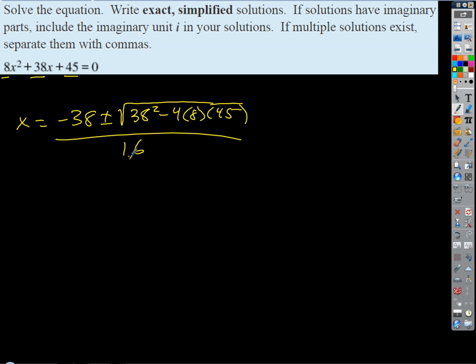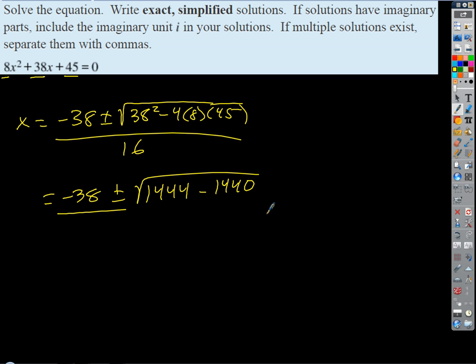Somebody just crank through that because those are big numbers. 38 squared is 1444. Minus 32 times 45. What's that? 1440. Okay.